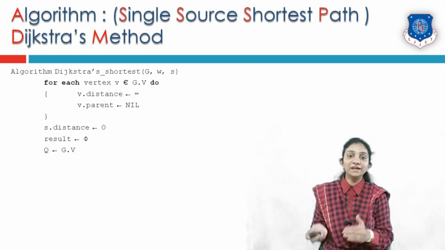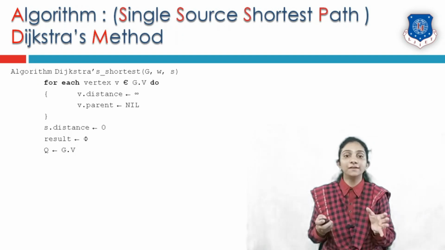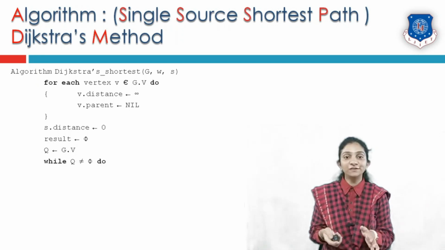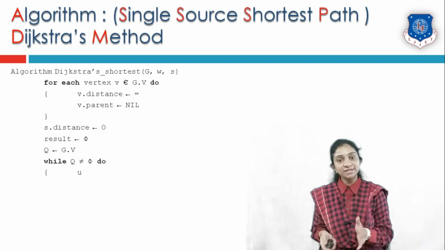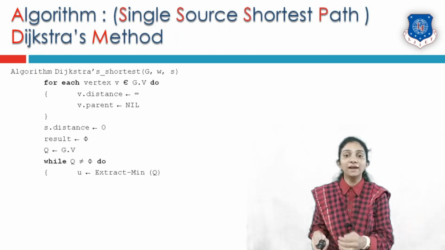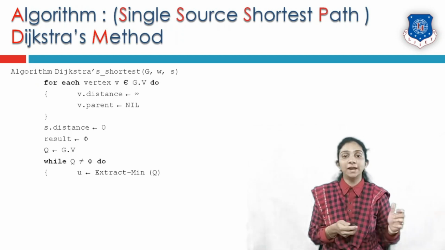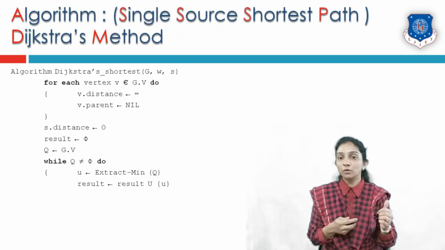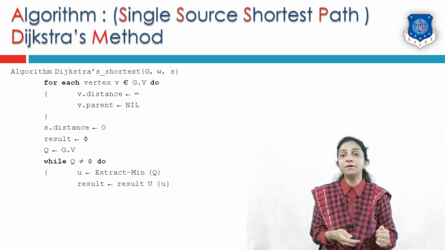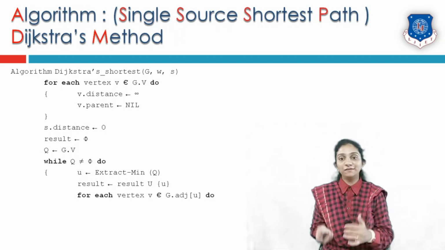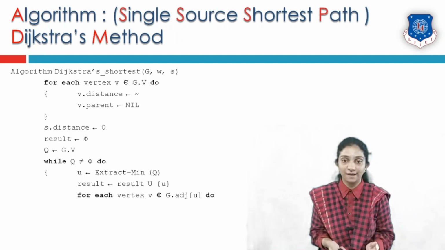Now set of vertices are stored inside set Q. Now unless and until set of vertices, that is Q, is not empty, we will extract a minimum element from Q and set it inside vertex U. So that extracted minimum element is taken union with existing result and stored inside result itself.